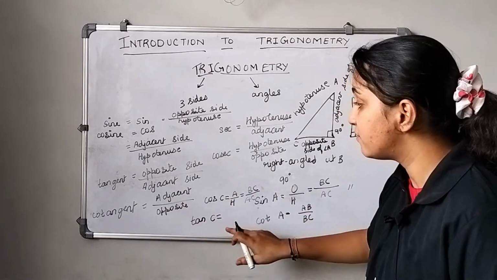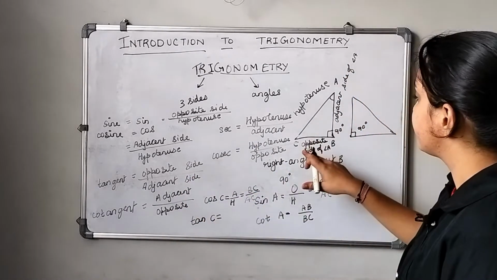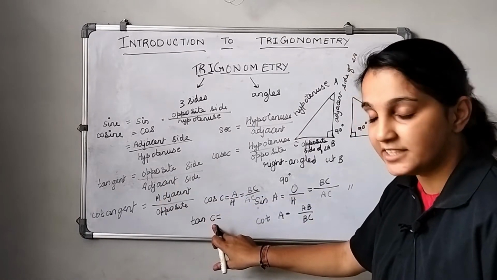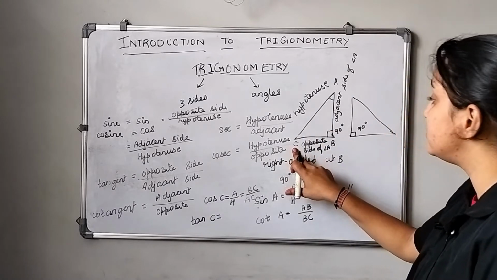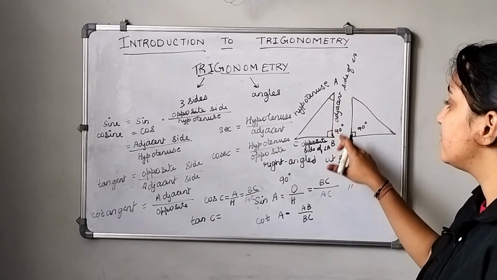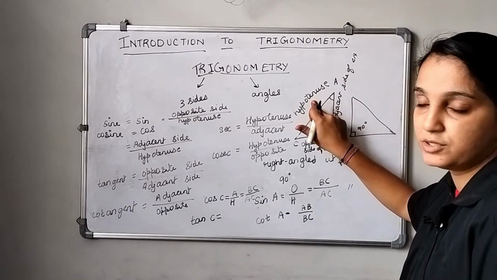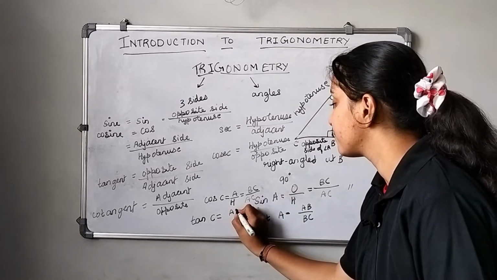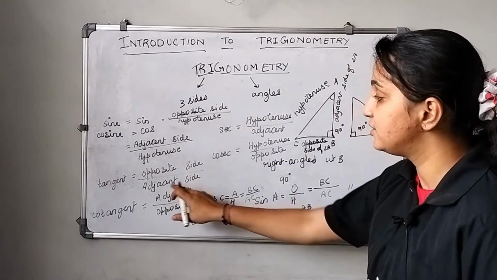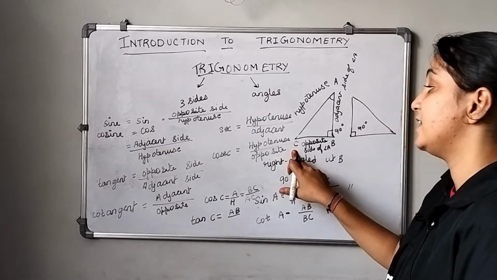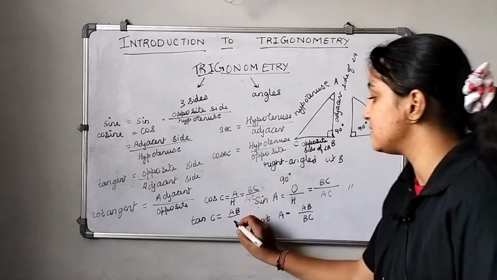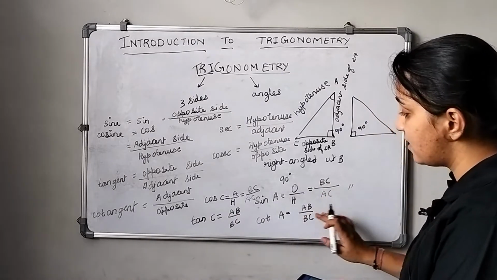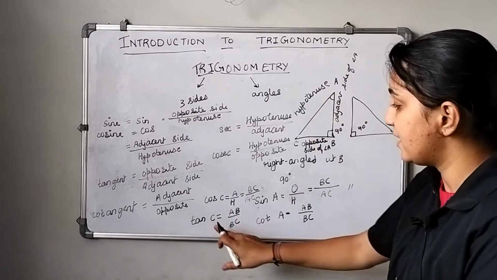The opposite side of C is the side not connected to C. We can't take the hypotenuse, so the opposite side of C is AB, upon the adjacent side, which is connected to C, BC. So here is my tan C. Now we have seen angle A and angle C.